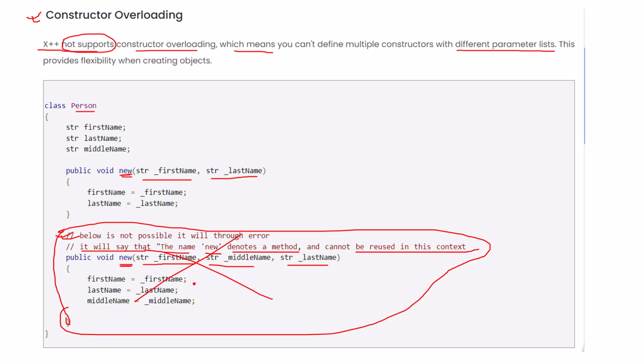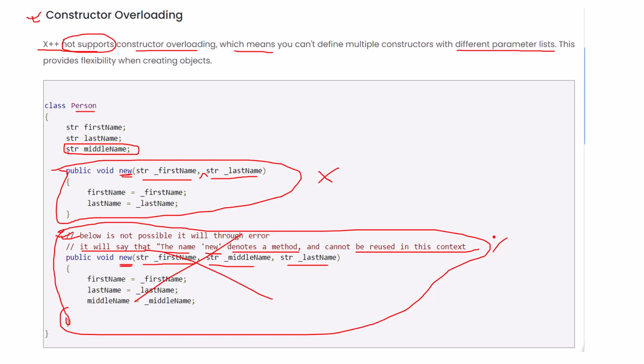If you have a middle name and you want to initialize it, or insert it in your constructor, then you have to put it here. Either you can use this one or use this one. At the same time you cannot use both. Either you have to use this one, or you have to use this one.